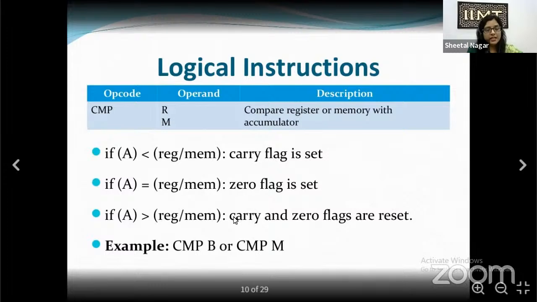For example, if the register pair HL contains 8041, then the contents of memory location 8041, which may be any 8-bit data, will be compared with the contents of the accumulator. So M is a memory pointer specified by the contents of the HL register pair. This is represented by M, and the simple meaning of M is memory pointer.